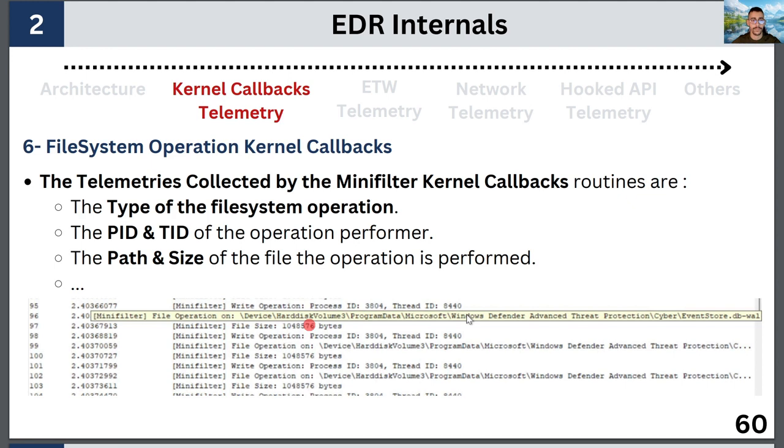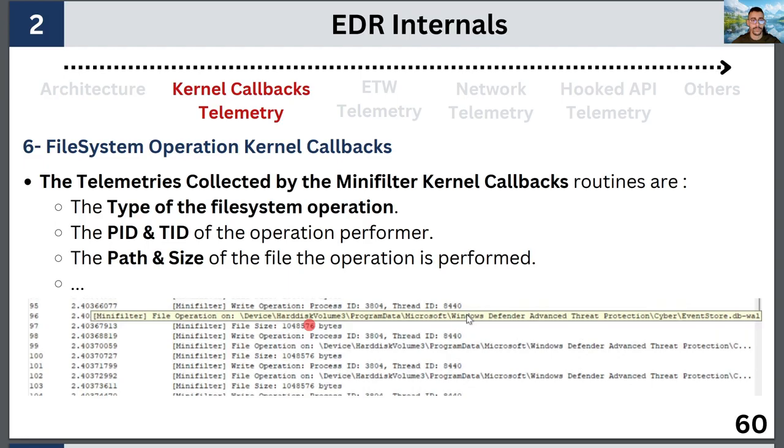So, object operation kernel callbacks are low-level routines in the Windows kernel that are triggered whenever a process or thread handle is created, duplicated, or modified. They serve the purpose of notifying registered drivers about object-related operations, allowing these drivers to monitor and collect telemetry on suspicious handle access events.